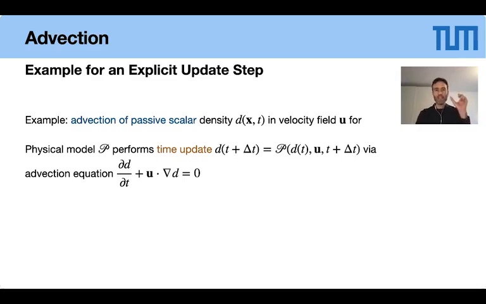So the state of d at t plus delta t is the output of this operator P given d at time t, our velocity u, and the time t plus delta t. Now, to solve that, we basically just need to unroll this material derivative, write it out for our scalar density d. That gives us what you can see here at the bottom, the time derivative of d plus u dot gradient of d being equal to 0.